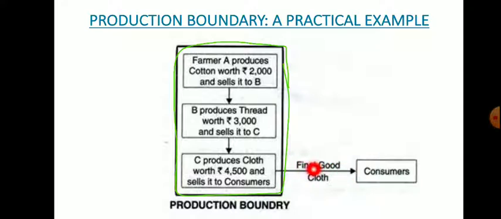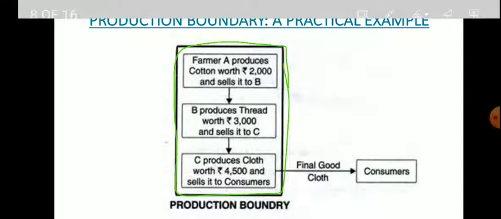A final good, because the cloth has been purchased by the consumer, and you are not going to produce it further or use it for further production. You just purchase it for your own domestic use. So the cloth comes out from this boundary line.